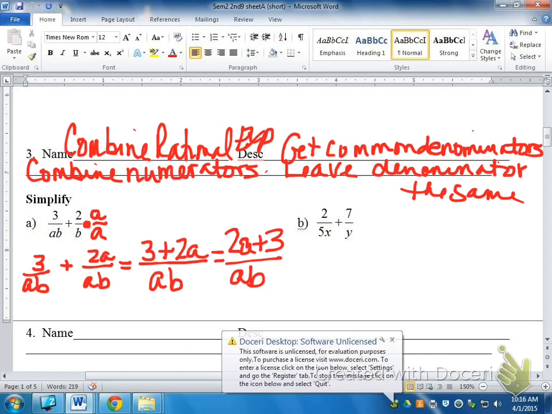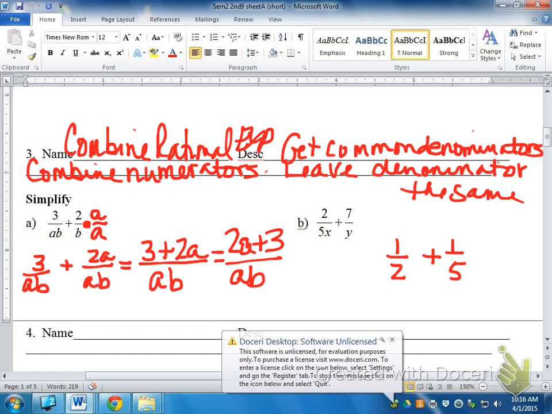So, the second one, 2 over 5x plus 7 over y. Okay, do the denominators have anything in common? No. Okay, don't write this down. I just want to ask you this question. What if you were going to try to add 1/2 plus 1/5?